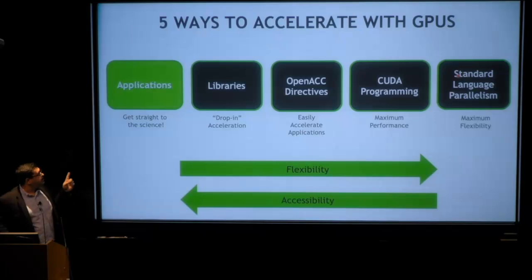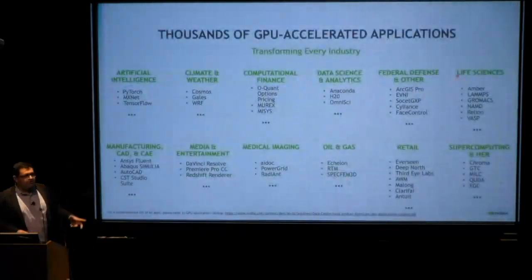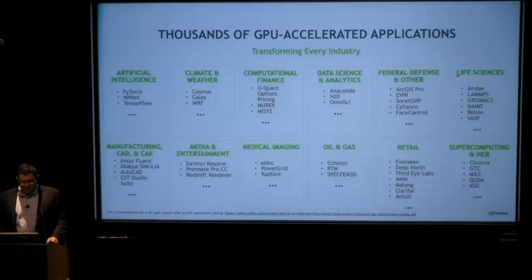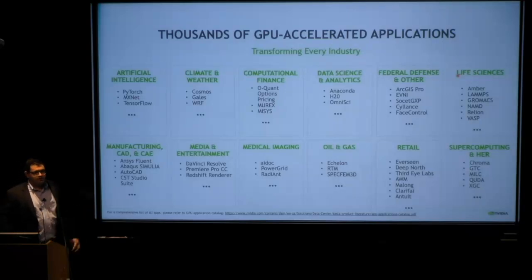So I'm going to focus now on applications, and then we're going to work our way left to right. And so there are thousands of GPU accelerated applications. NVIDIA is not just gaming, folks. It's not just molecular dynamics simulations or other things. NVIDIA is truly involved in every single industry.